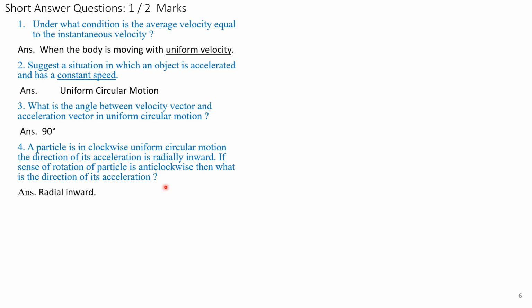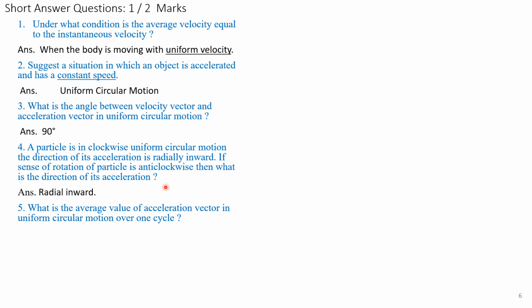Answer. When the sense of rotation is reversed or is anticlockwise, even then its acceleration is radially inward. The acceleration is always radially inward in case of a uniform circular motion.